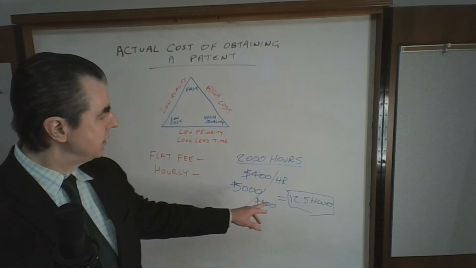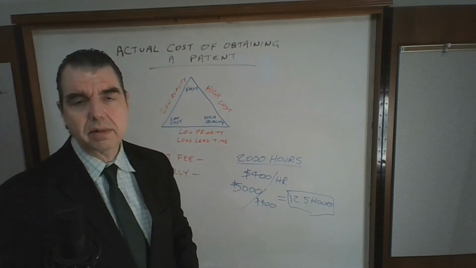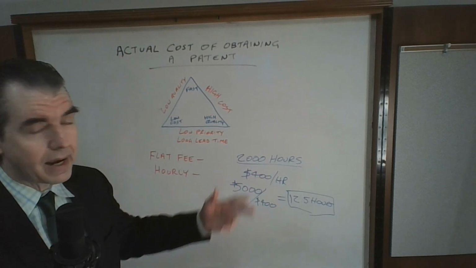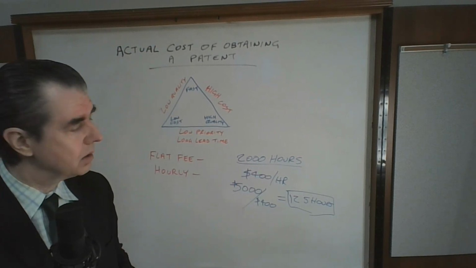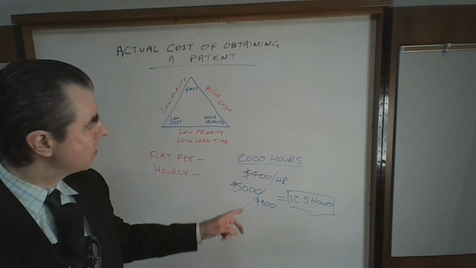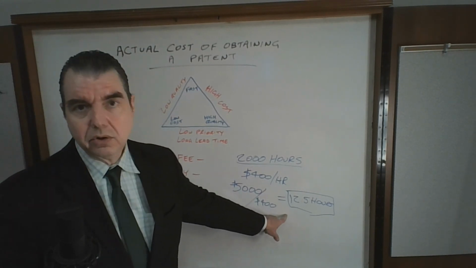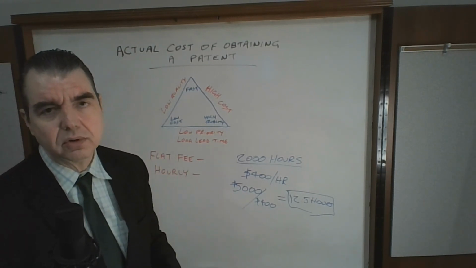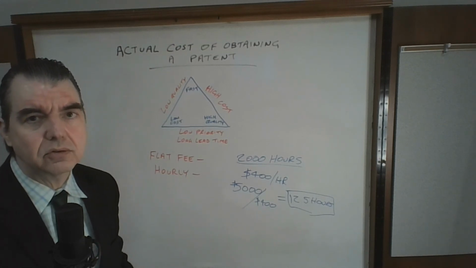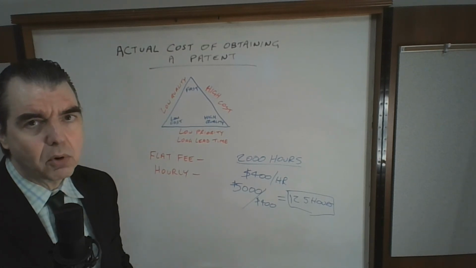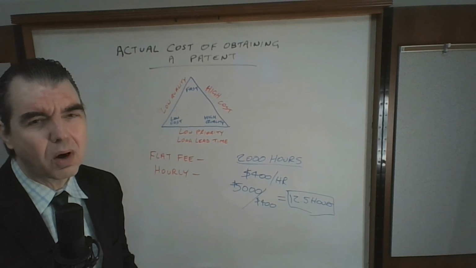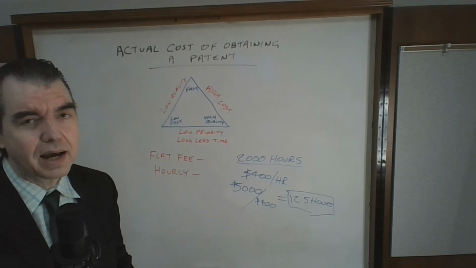And so they may be spending more than the time allotted. Maybe they have to do that in order to get the work done. But if their law firm is going to limit them to that budget based on their billable rate, they're going to have that 12 and a half hours. And so their motivation to get it done is going to be high, but their motivation to produce something of high quality is not necessarily going to be as high.